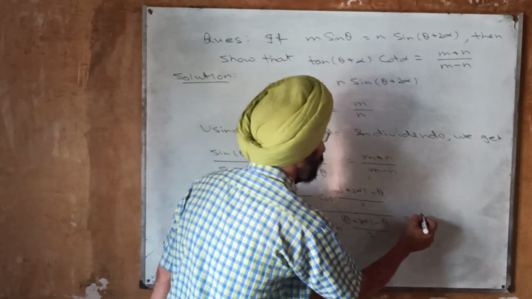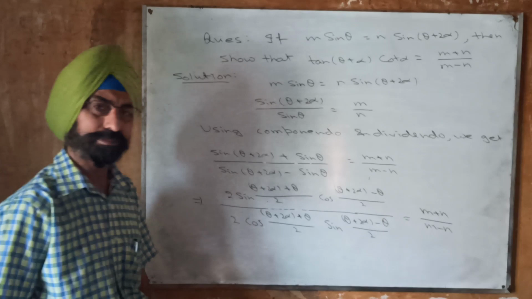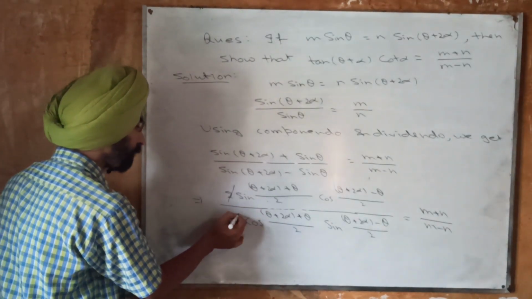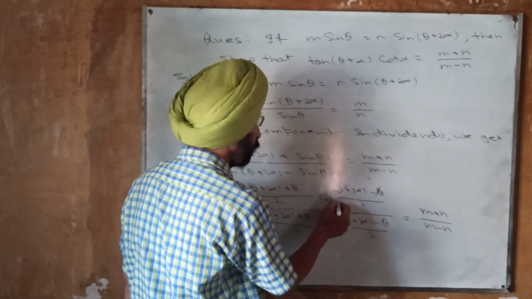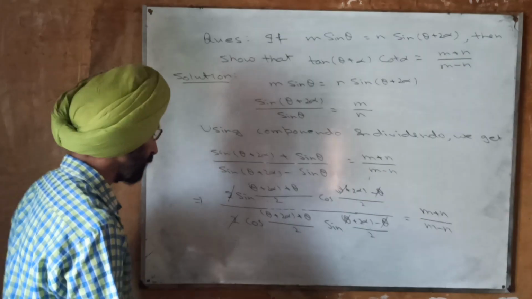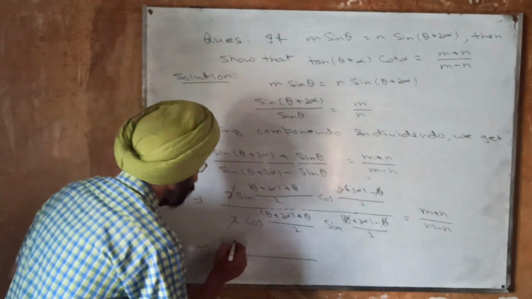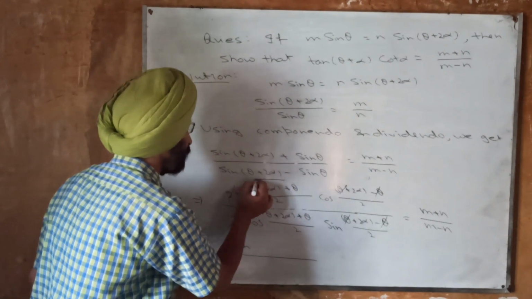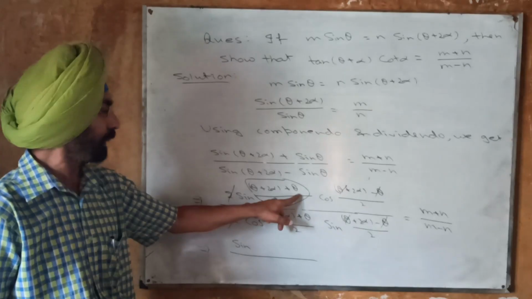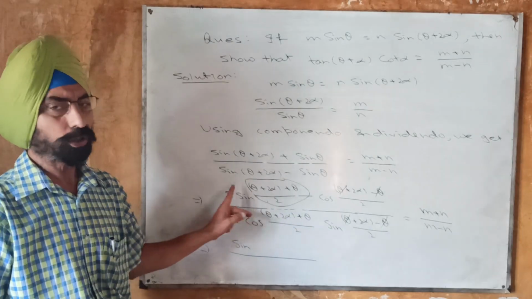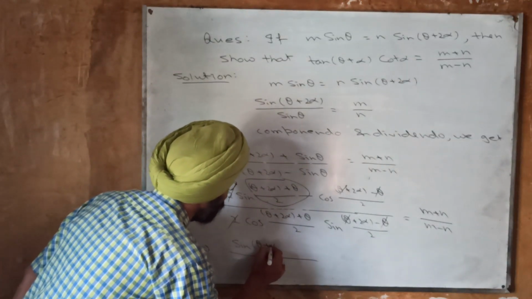On the right hand side you have the same term, that is m plus n upon m minus n. This 2 will be cancelled out. Here theta positive and theta negative will be cancelled out. This theta positive and negative will also be cancelled out. Now look at this term: theta plus theta is 2 theta, so 2 theta plus 2 alpha divided by 2, the 2 will be taken out and cancelled, and you will be left with sin(theta plus alpha).